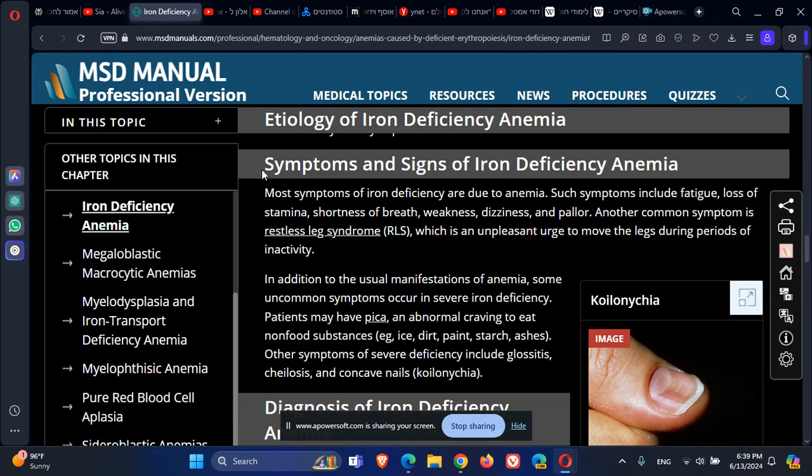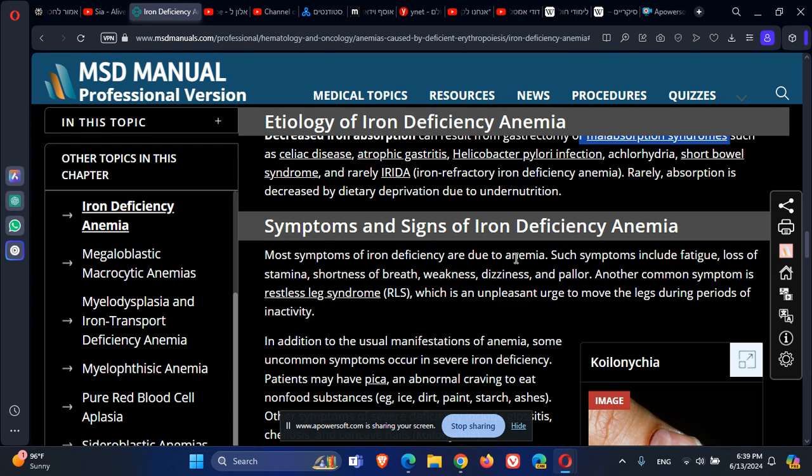Now, symptoms and signs of iron deficiency. The common symptoms are fatigue, weakness, dizziness, reduced concentration, memory impairment, restless leg syndrome, and changes in the nails, which is not quite common, like koilonychia.